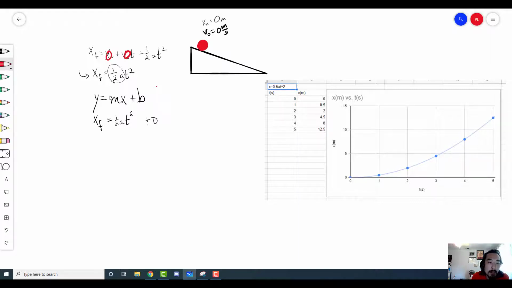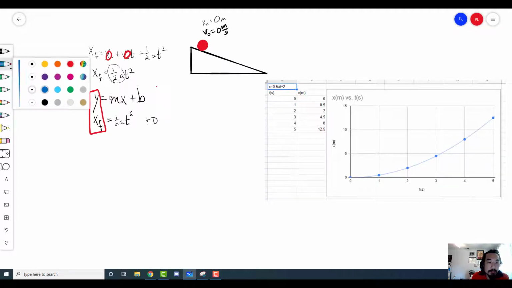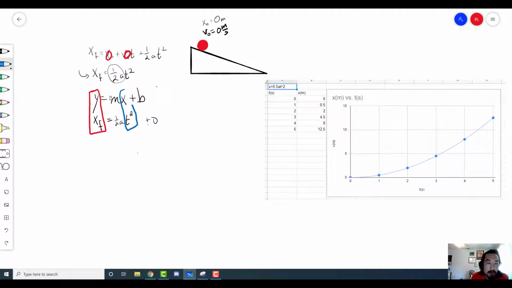We should end up with our y-axis being x final. Our x-axis should be this t squared, and therefore our slope should be this 1/2 a. That should be our slope if this data was a straight line.